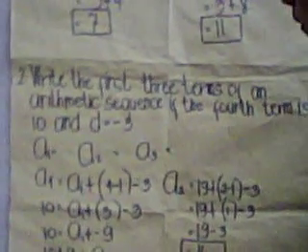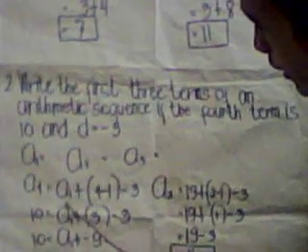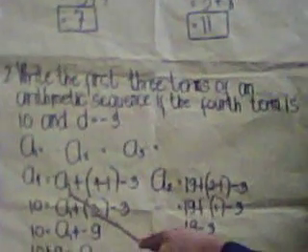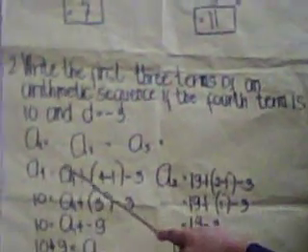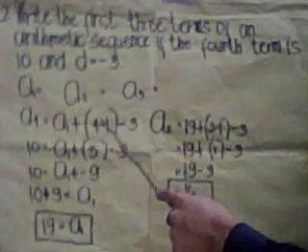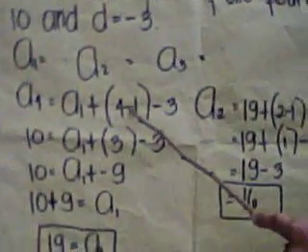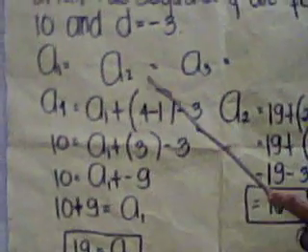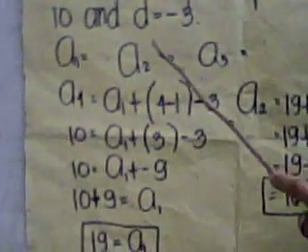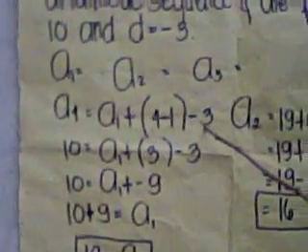A sub 4 is equal to a sub 1, which is what I will find, plus open and close parentheses 4 minus 1 times negative 3.